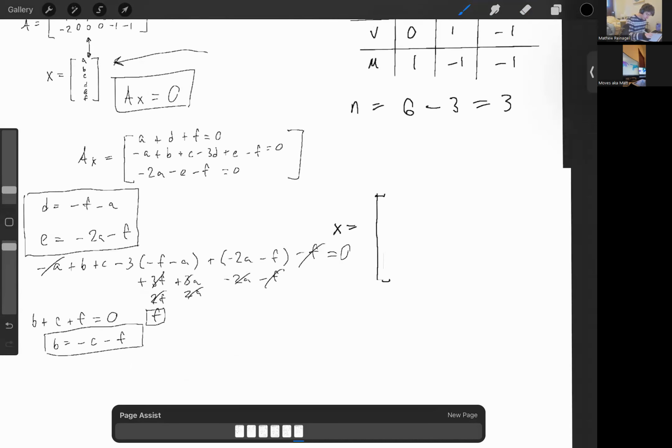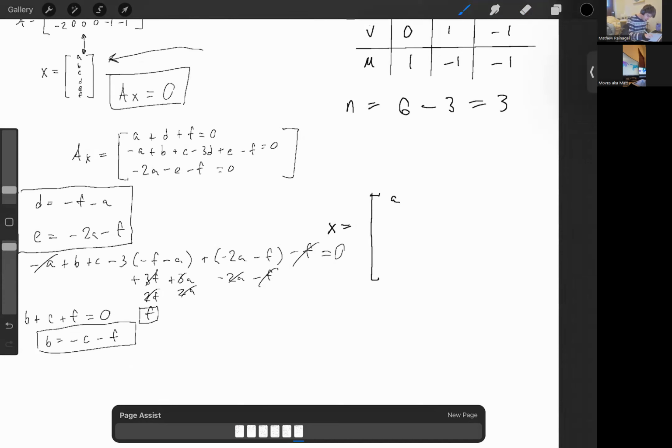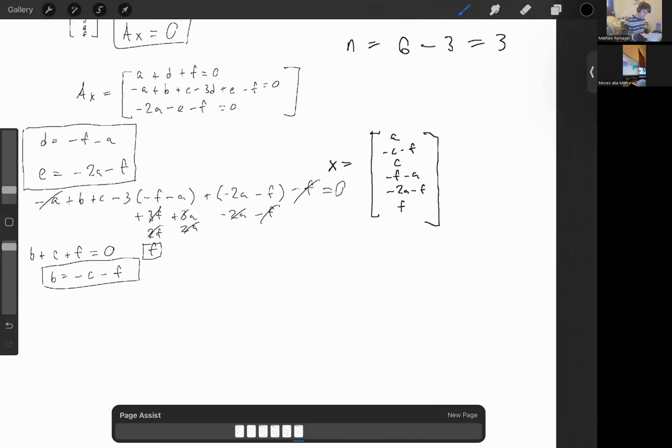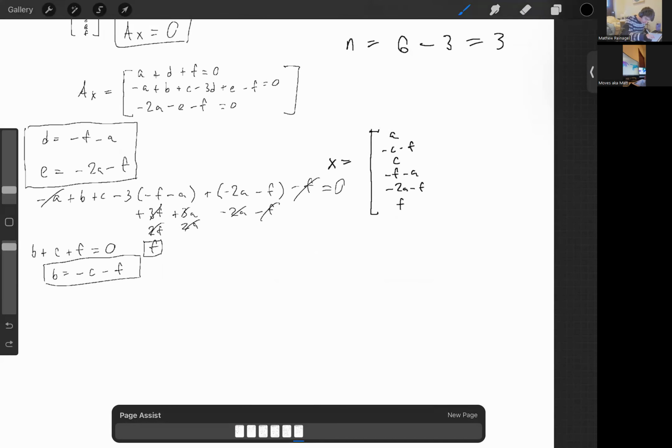So this would be: B now equals negative C negative F, C equals C, D equals negative F minus A, E equals negative 2A minus F, and then F equals F. So this is our new matrix at this point with the substituted values that we had calculated.